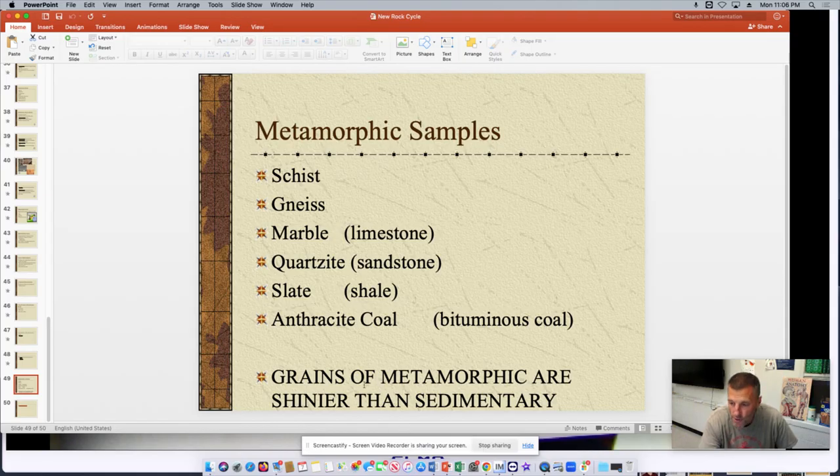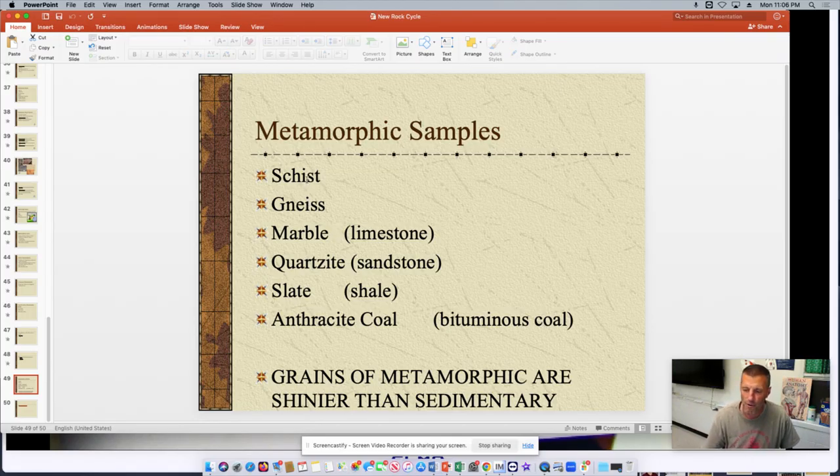As it says on the screen now, grains of metamorphic rocks are shinier than the sedimentary counterpart. So anthracite is shiny, bituminous coal is dull. Slate is shiny, shale is dull. Quartzite shiny, sandstone dull. Marble shiny, limestone dull. Gneiss and schist are shiny.